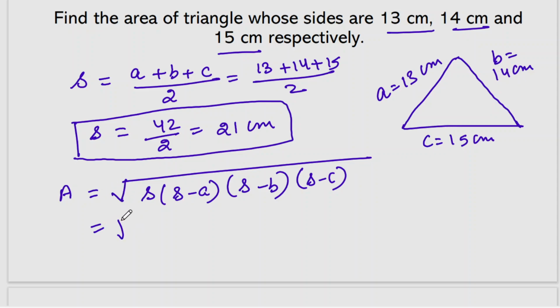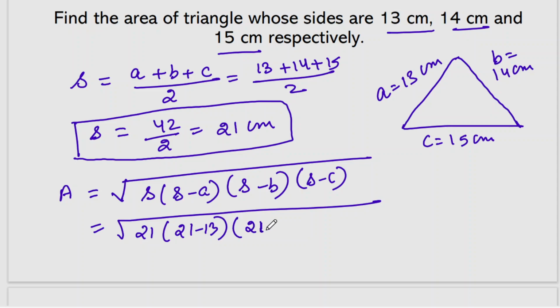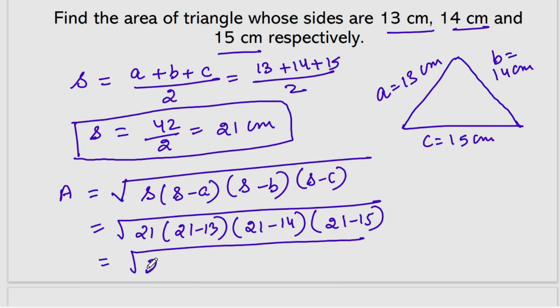Okay, so S is our 21, so 21 into 21 minus 13, 21 minus 14, 21 minus 15. So I got under root 21 into 8 into 7 into 6.